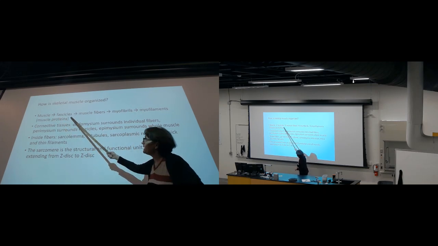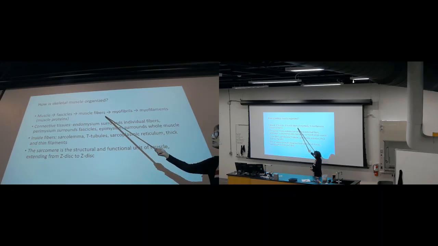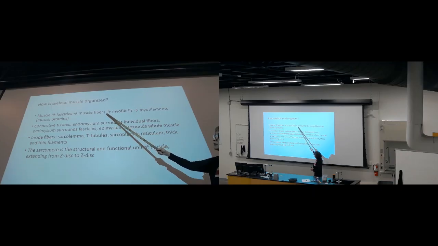So one muscle has several fascicles, and the fascicles have these muscle fibers or muscle cells, 10 to 100 per fascicle. And then inside these cells we have myofibrils. And these myofibrils are made out of proteins that are called myofilaments.